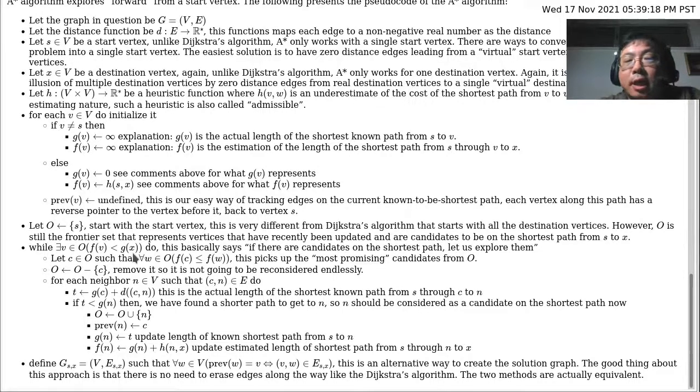Because it's the length of the shortest known path up to this point plus the estimate to the actual destination. So what if all of the f of v are greater than or equal to g of x? What would that mean to you? And we know the h values are underestimates.